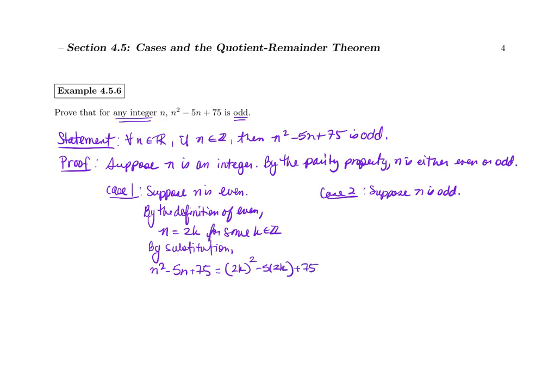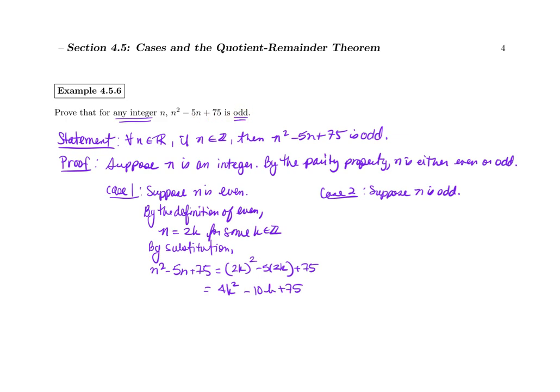You can already see where this is going to get a lot longer when we do this with an odd, because we're going to have some binomial multiplication. So we end up with 4k squared minus 10k and plus 75. And now remember, we're trying to show that this expression is odd.